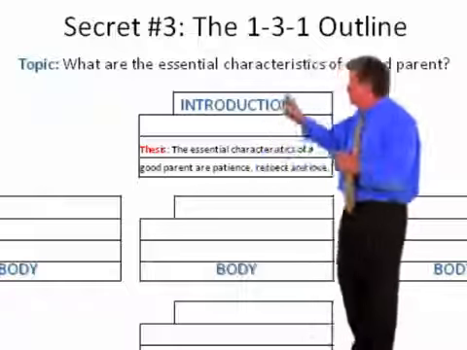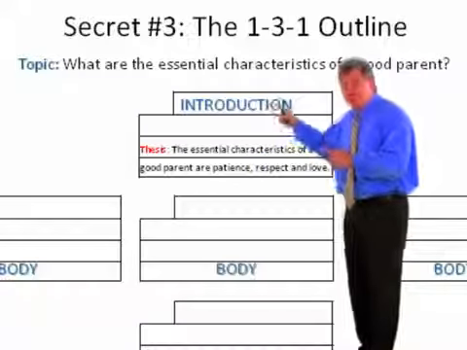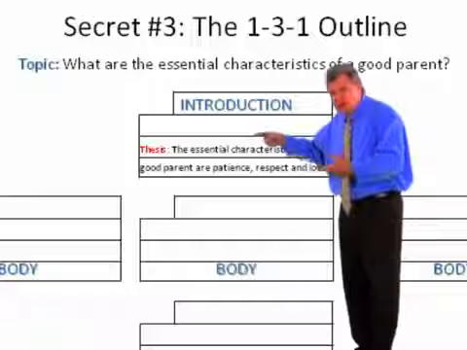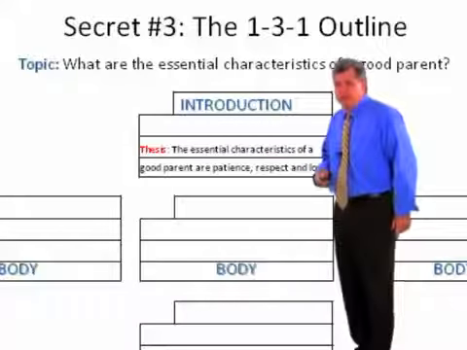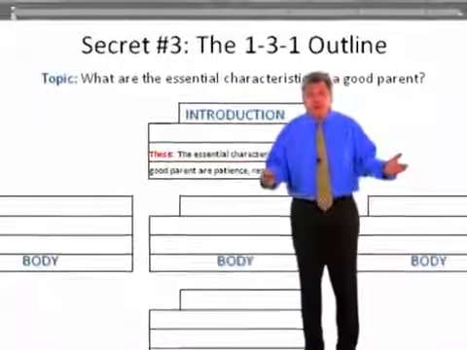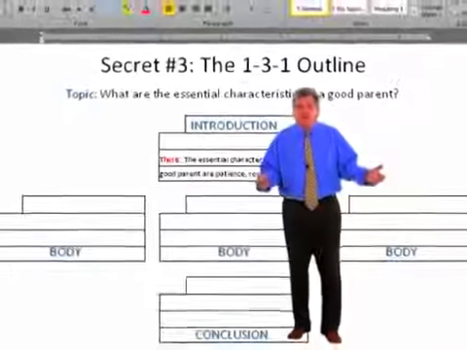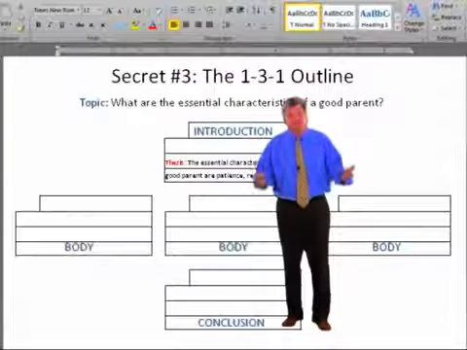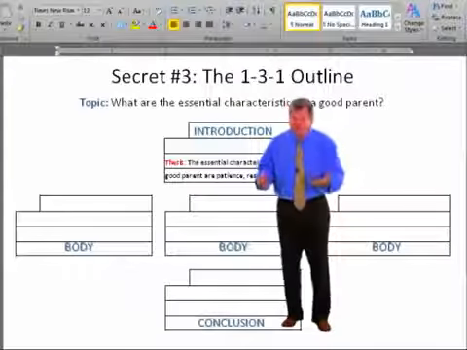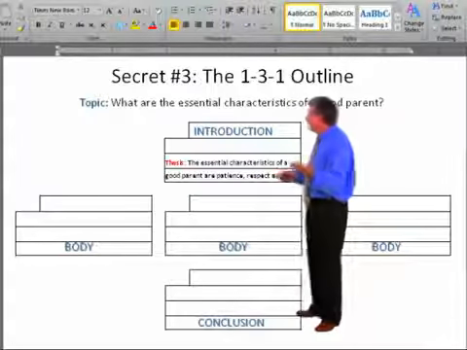So that's why you want to put that thesis statement as the last sentence of your introduction or near the last sentence of your introduction. Now, as far as those three main points, you put those three main points as the three topic sentences, or three first sentences, of your three body paragraphs.